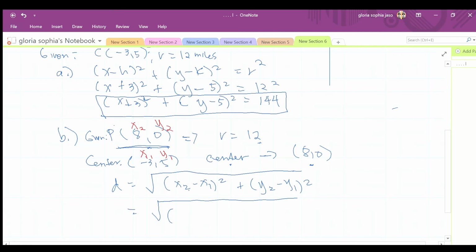So, x sub 2 is 8, minus x sub 1 which is negative 3.